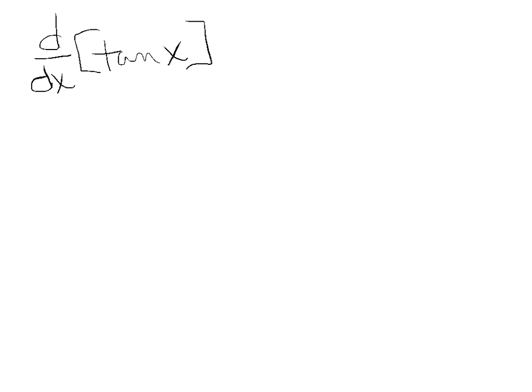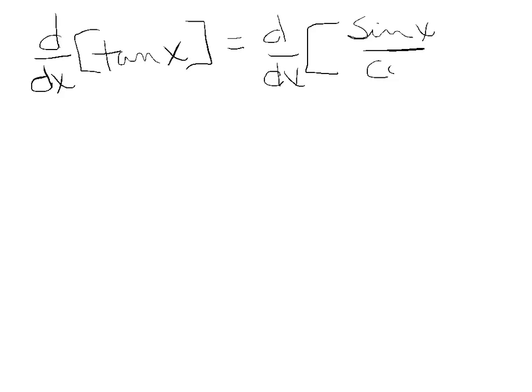can rewrite the tangent as what in terms of sine and cosine? Okay, so we're going to take the derivative of the sine of x over cosine x. To do that, we're going to use the quotient rule, which is the denominator times the derivative of the numerator.